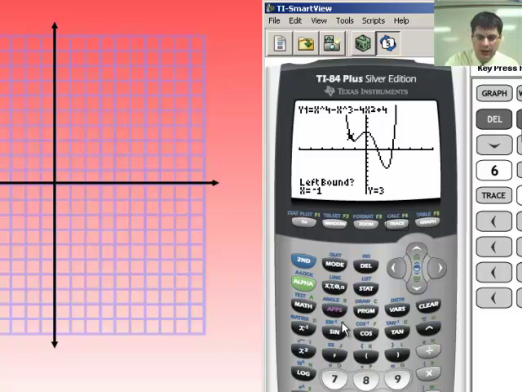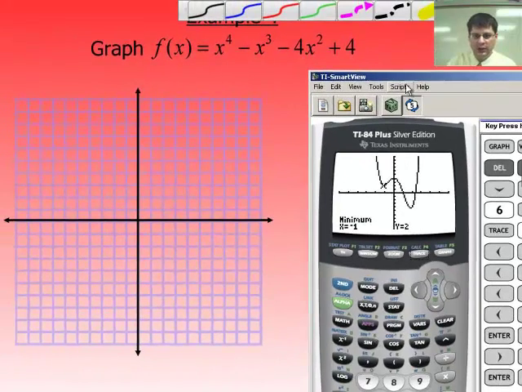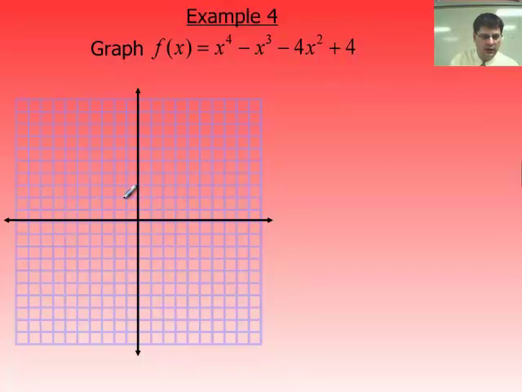So I'll set my left bound, and then I'm going to do my right bound, and then guess. I'll just press enter, and that looks to be, well, that's at -1 and +2. So I'll plot a point at -1, +2. Okay, so I know that that's going to be a local minimum.